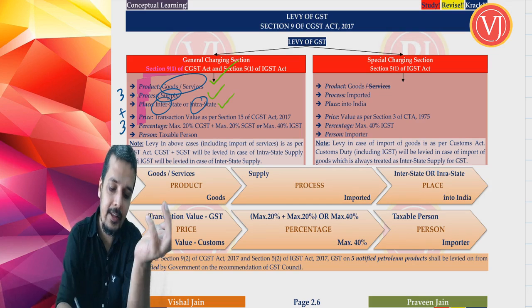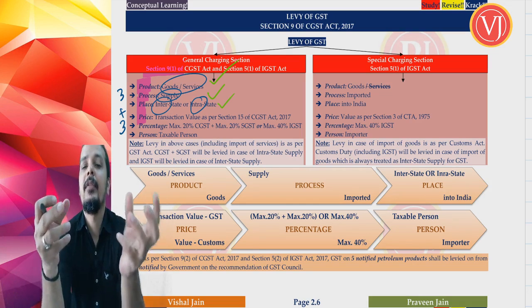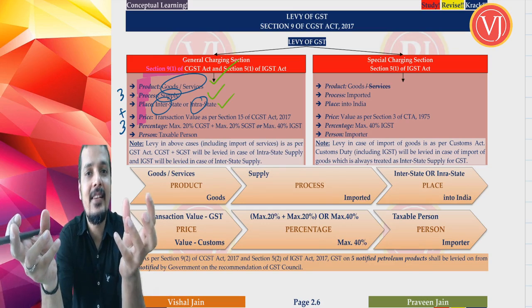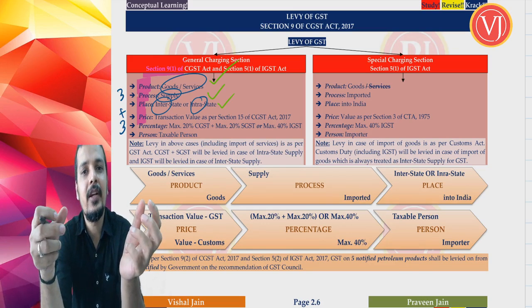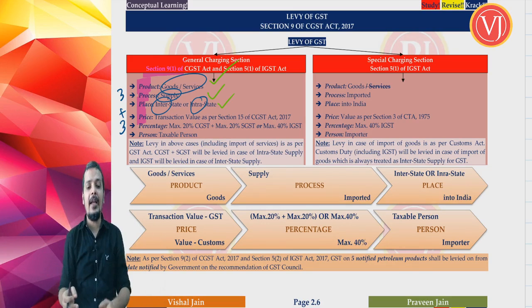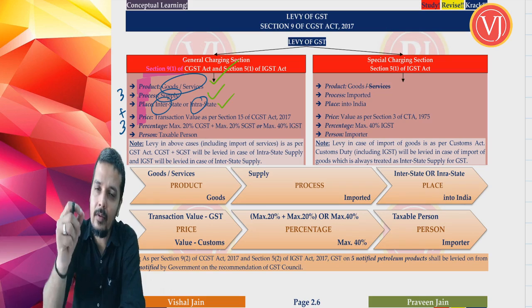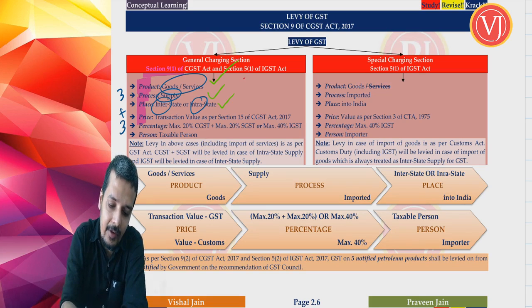So you'll get an either-or answer, right? If it is intrastate supply, you'll have CGST plus SGST if it is within the state, or CGST plus UTGST if it is within the union territory. And if it is interstate supply, it will be IGST. So once you ask these three questions, it is very clear that you are going to have GST.